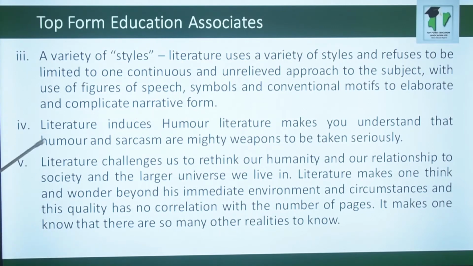So what we're trying to say is that you have your peculiar style. So when you're writing literature, you use that style that is peculiar to you. And you bring in other devices to accomplish it, like figures of speech, symbols, and other styles.